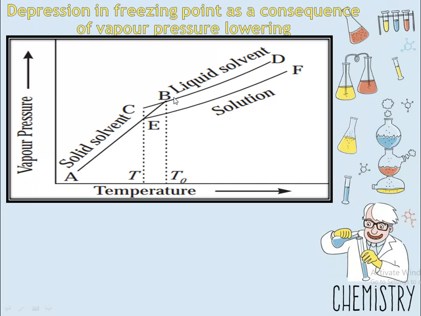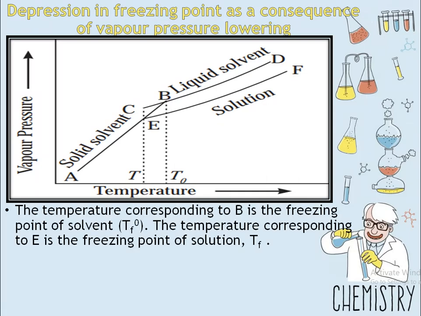We know that the vapor pressure of the solution is lower than that of the liquid solvent. Hence this intersection, point E, is always lower than point B. So any solution of a non-volatile solute must have a freezing point lower than that of the pure solvent.